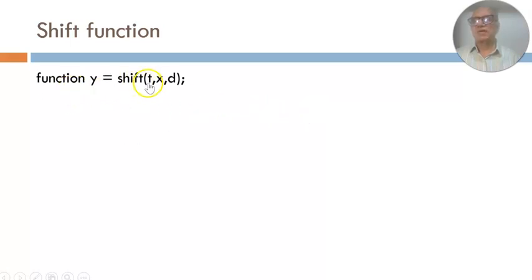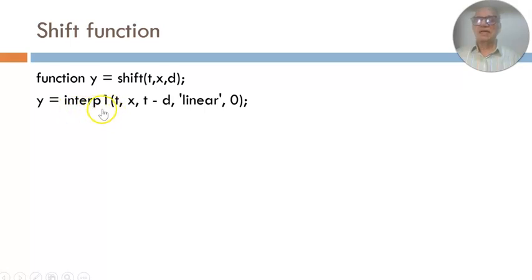y equal to shift(t, x, d). So t is the array, x is the input. So where this x comes from, as I told you, is basically a piecewise linear function which you can generate by repeatedly using unit ramp and unit step. And then this is the d, that is the delay or the advance. Now y equal to interp1.